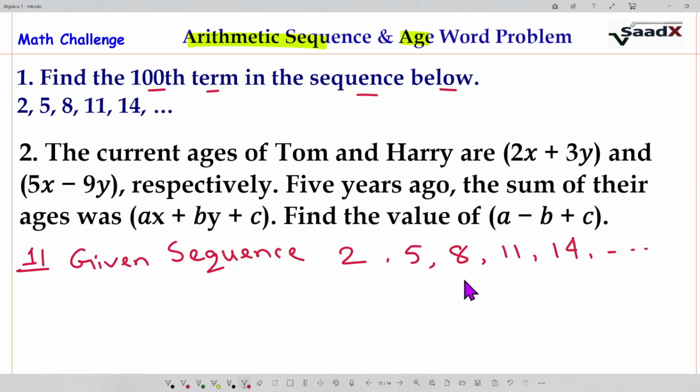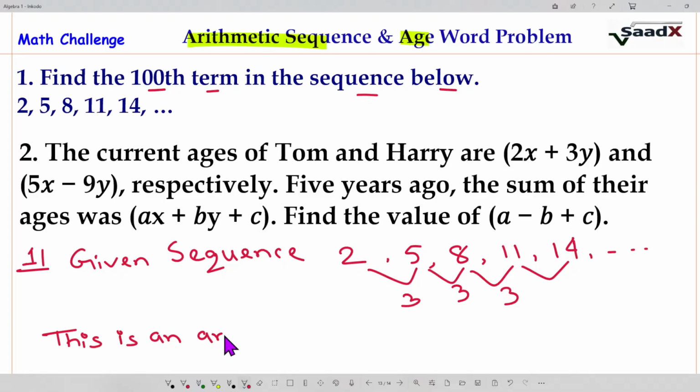This is an arithmetic sequence because the common difference is the same. So we can write, this is an arithmetic sequence, right?